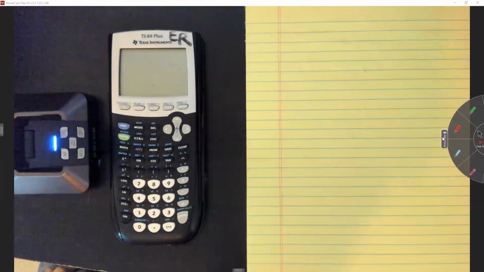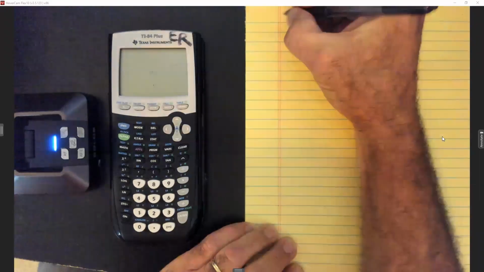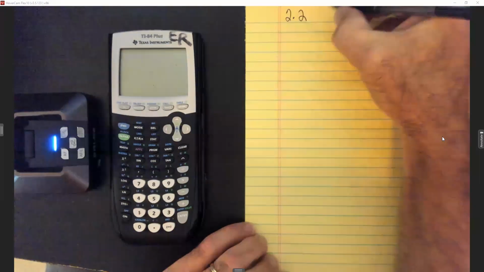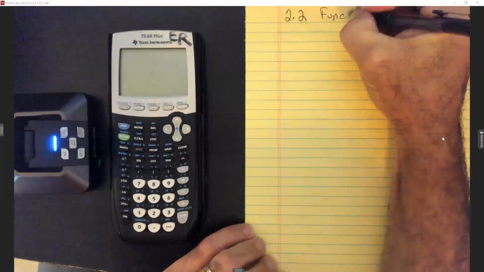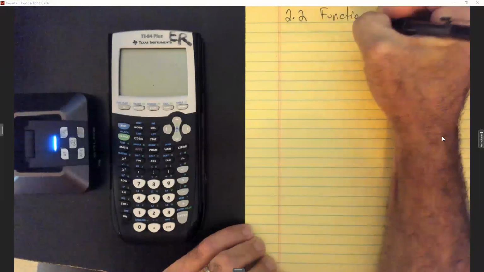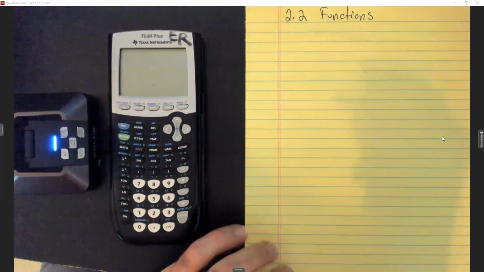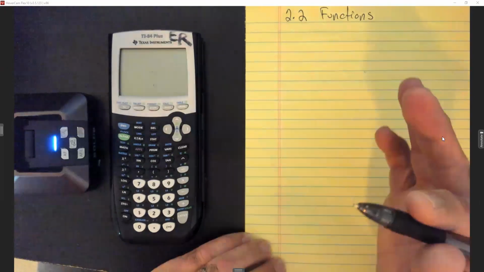All right, y'all, so these notes are going to start in 2.2, and it deals with functions. So the first thing we're going to do, we're going to go over a few definitions. So some things you might need to refresh are on your domain.